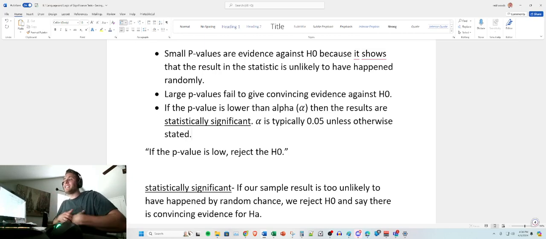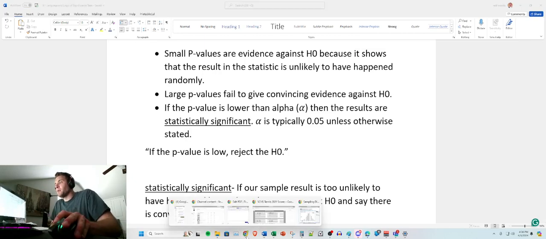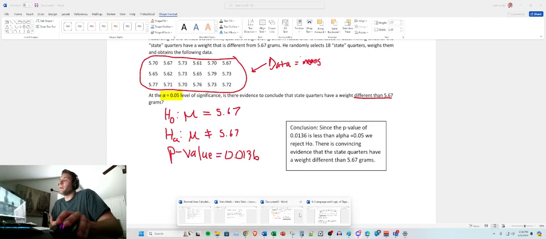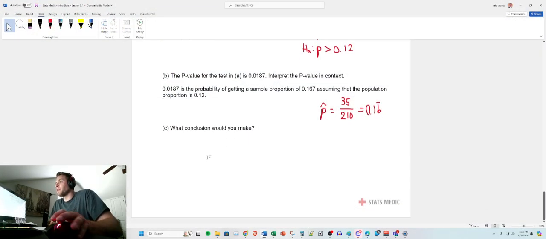There we go. So that's important. And so we're actually going to use that rule right now in this problem. So we're going to say alpha equals 0.05. And we're going to go ahead and write up our conclusion.